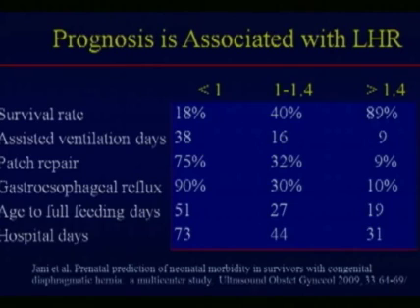Again, big differences between ages to full oral feeding, 51 days versus 19 days, or total days in the hospital, 73 days versus 31 days. So huge differences between those with smaller lung volumes as reflected by these smaller lung to head circumference ratios compared to those that have a smaller defect and therefore larger lungs and less pulmonary hypoplasia.